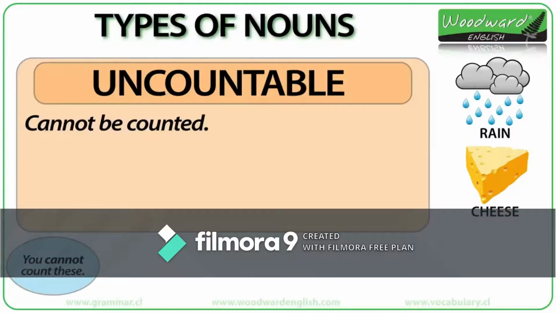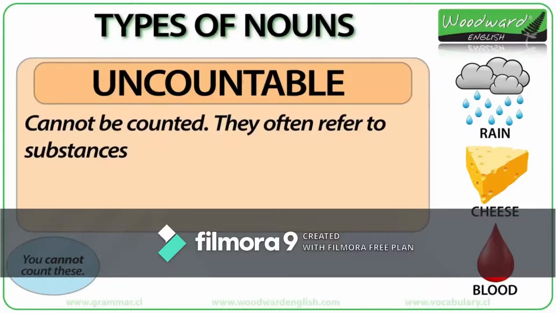You can count slices of cheese, but then you're counting slices, as in 1 slice or 2 slices, and not cheese. The same with blood. Blood is uncountable. You can count drops of blood, but then you're counting the number of drops, 1 drop, 2 drops, and you're not counting blood.